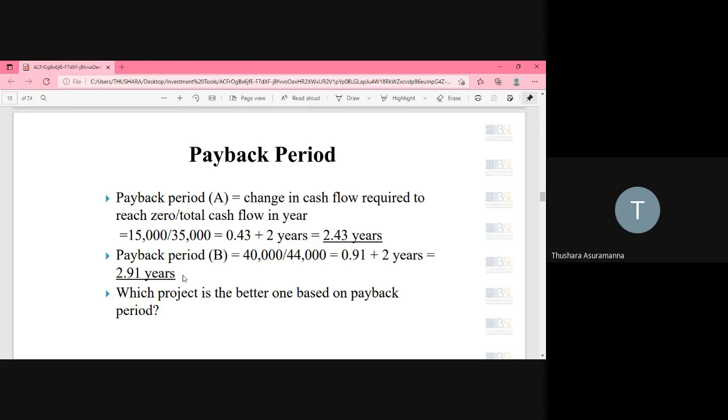If it is a period, we have to say it in years and months, right? Or days? No, you can say years and months. That's one way of mentioning that. And you can also say 2.91 years, that's an acceptable answer. It's like meters and centimeters. You can mention it in meters with a decimal.